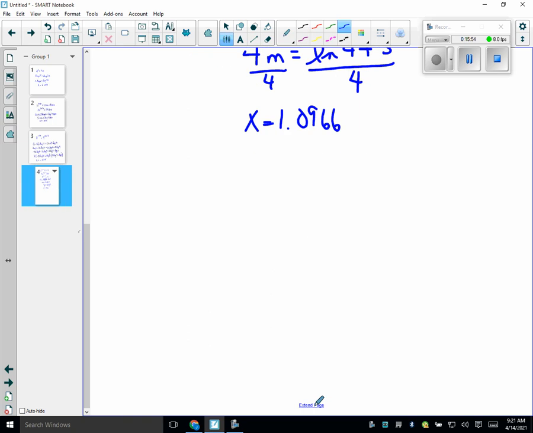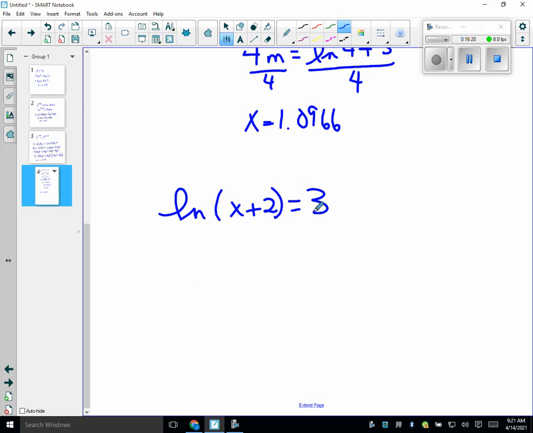Okay. What if I give you a problem that looks like this? ln of (x plus 2) equals 3. Instead of being in logarithm, can I put it back in exponential?